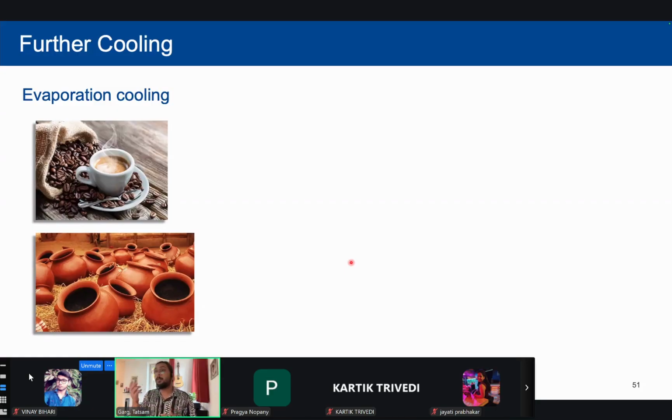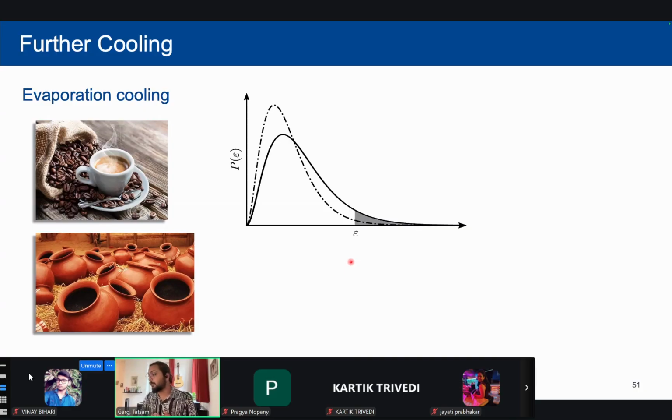For those of you who have studied Boltzmann distributions, you can look at it this way. In my Boltzmann distribution, I have a tail of high energy particles, right? I can cut away this tail of high energy particles, which is effectively what I'm doing by evaporating some of them. I'm just removing them from the system. But now my system is no longer a Boltzmann distribution.